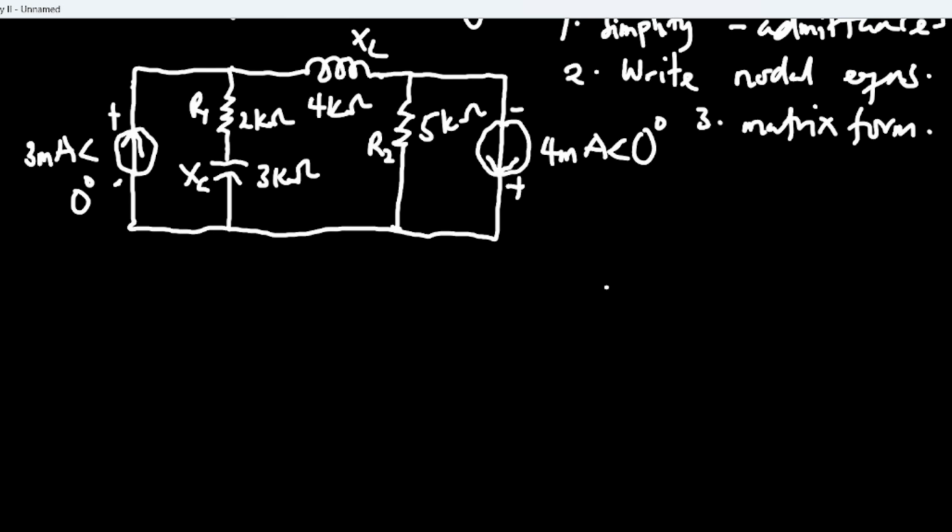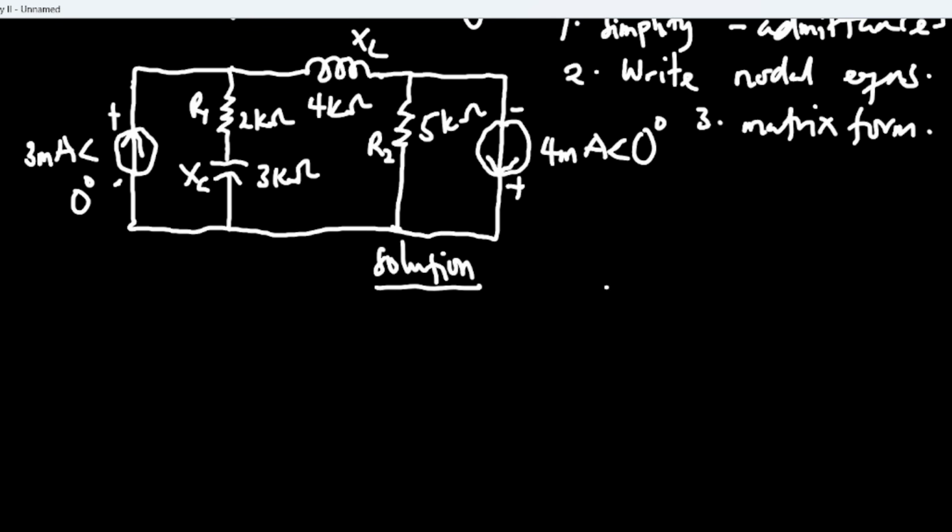Okay, so now let's begin with our solution. For every branch, we start from this branch on our left. This branch we have R1.